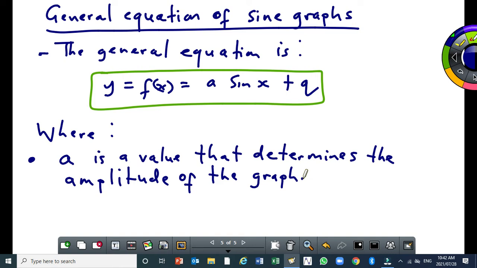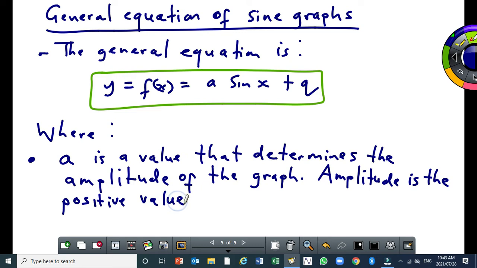So the next point for that A: amplitude is the positive value of A. Please take note that this A here is referring to this.